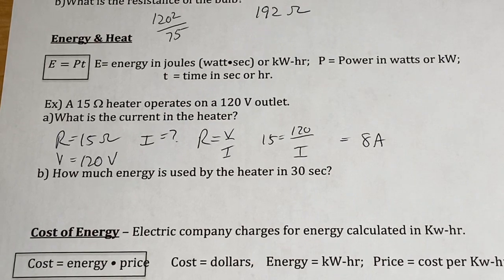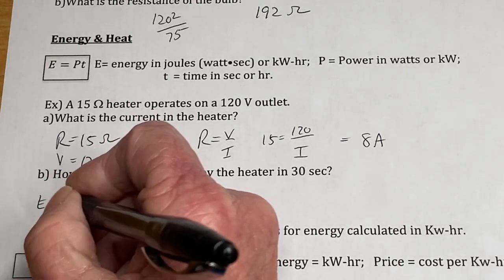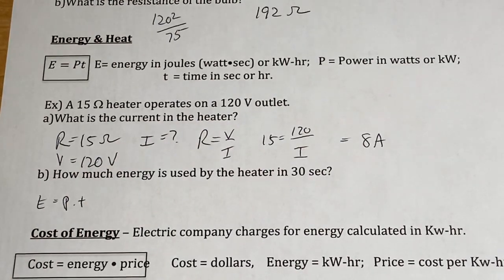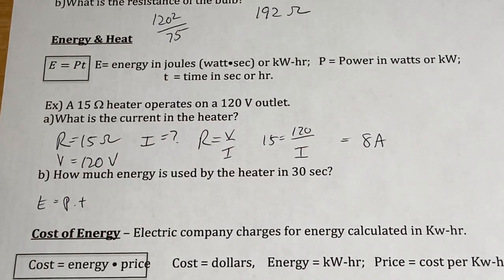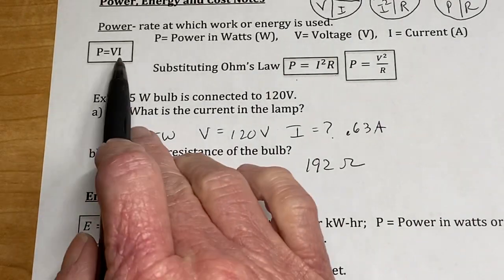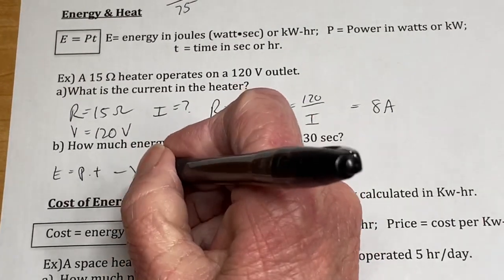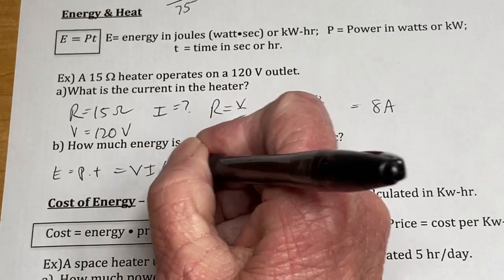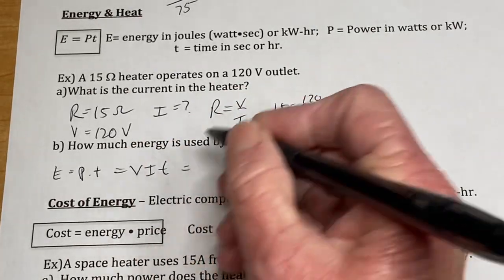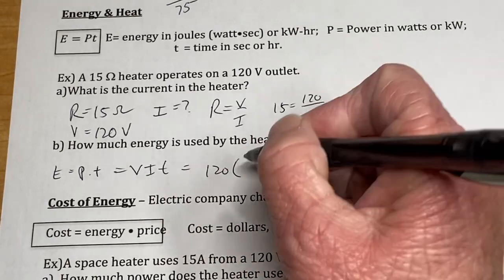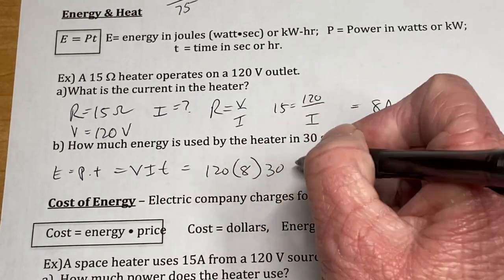How much energy is used in this heater in 30 seconds? Well, energy is power times time. Well, I don't have the power, but I do know that I can use volts times amps to substitute for that. So I'm going to just substitute V times I times the T. All right, so the volts were 120. The amps we just found were 8, and it's 30 seconds.